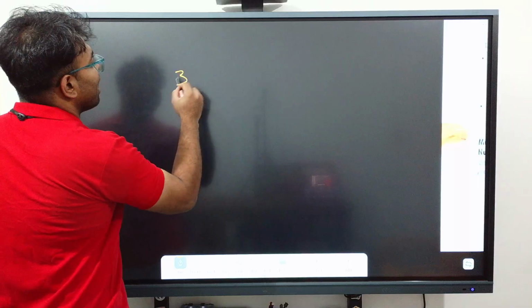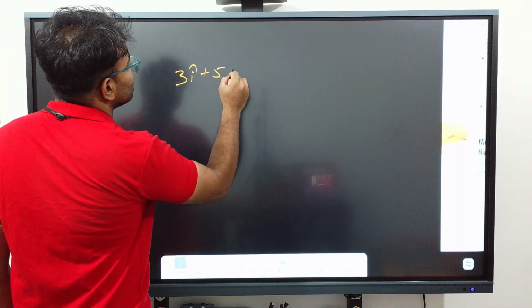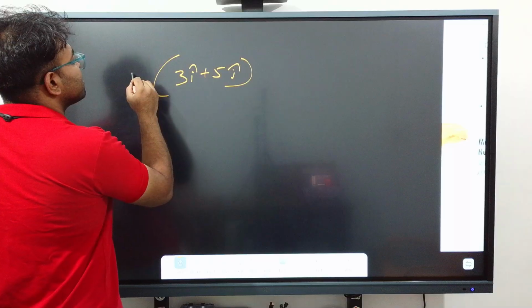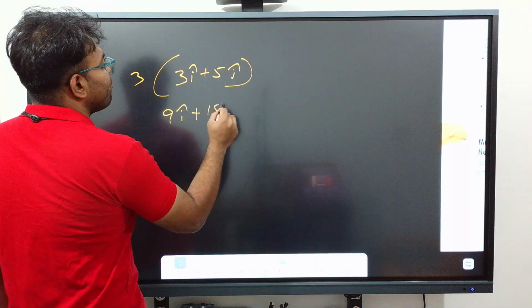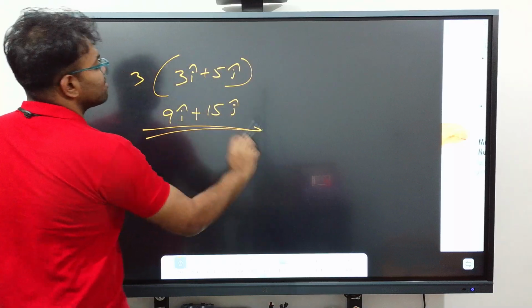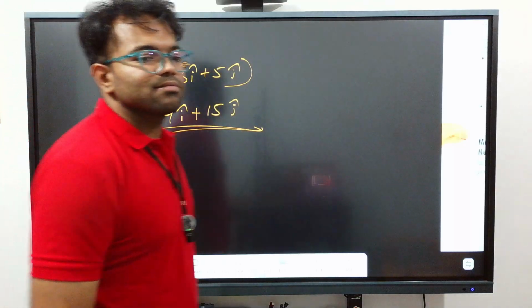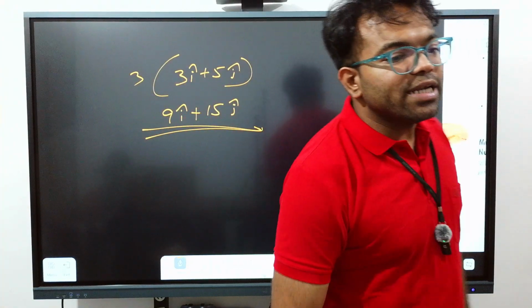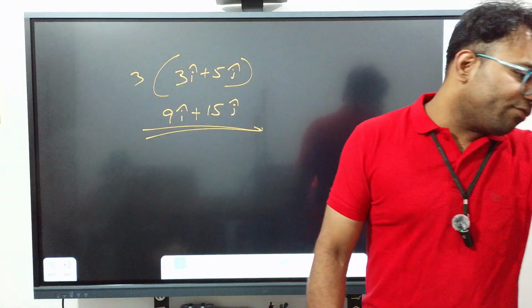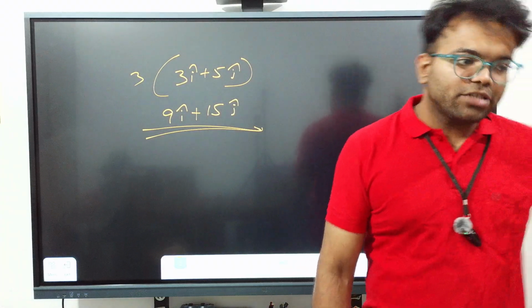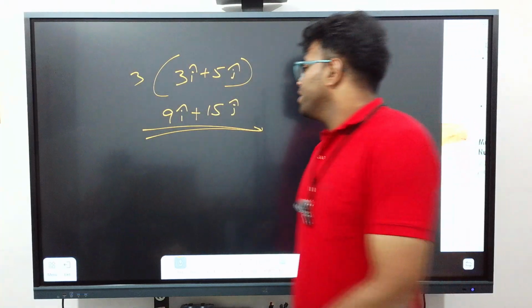If you have 3 i cap plus 5 j cap and you want to multiply this by 3, what will you get? 9 i cap plus 15 j cap. That's it. So multiplication of a vector by a scalar is pretty straightforward. Understood this point? Okay, next.